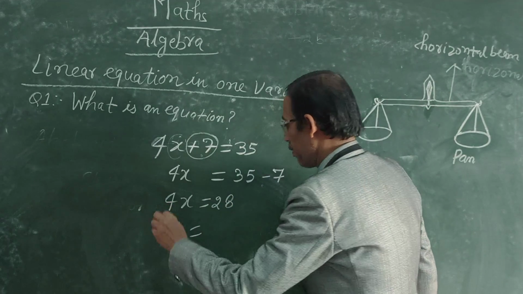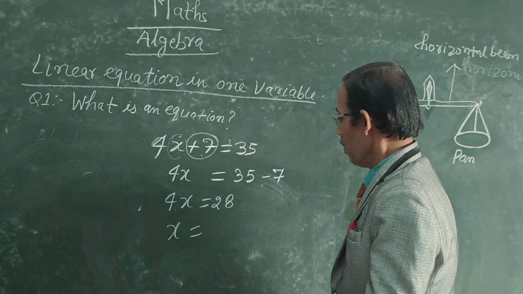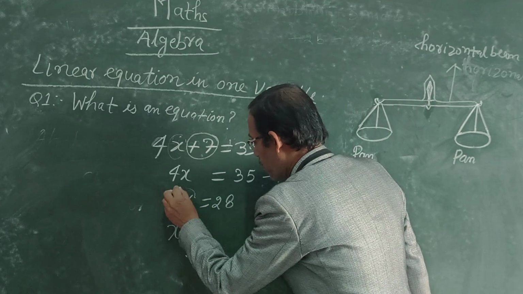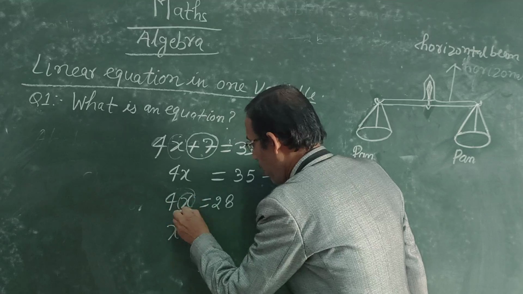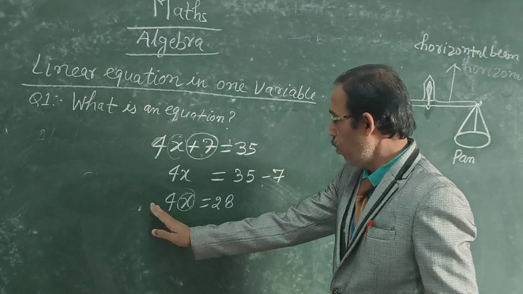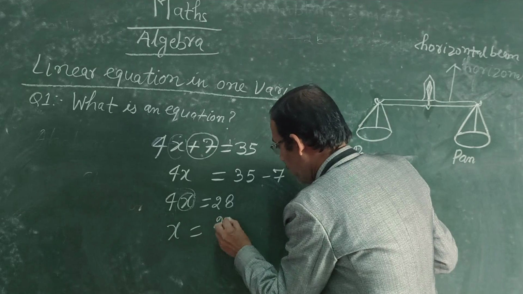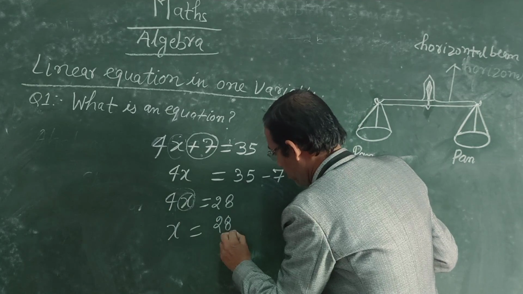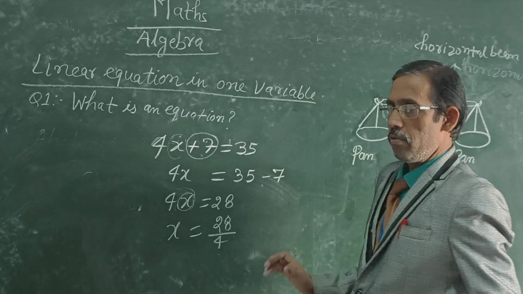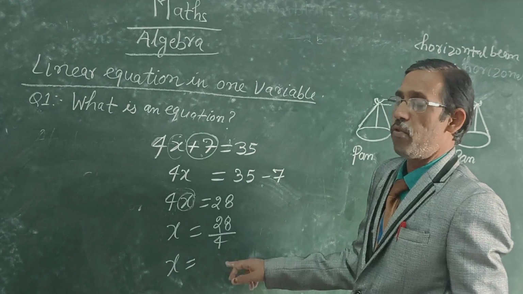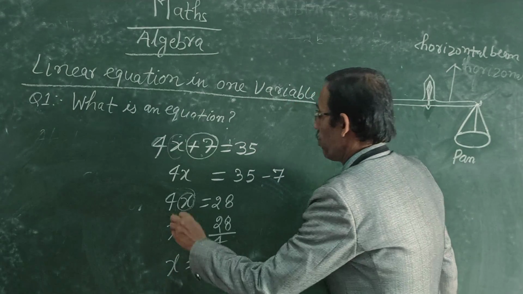So 4 is the numerical coefficient of this variable x. On shifting 4 from the left side to the right side, it becomes 28 divided by 4. We write like this: x is equal to, on dividing 28 by 4, we get 7.